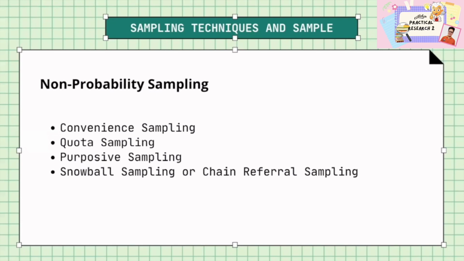Or another example, imagine that you are in front of the gate of the Vicente Malapitan Senior High School, and you have already determined the sample size, like let's say 100 grade 11 students.